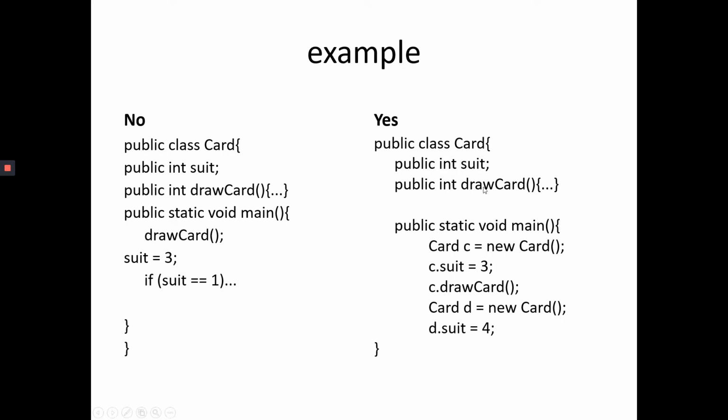These variables and these methods only have meaning when attached to a particular instance. I can set the suit for this particular card, and I can also set it for a different card, but I can't just call it for no card in particular. Same thing with this method drawCard: I'm going to draw from a particular instance.